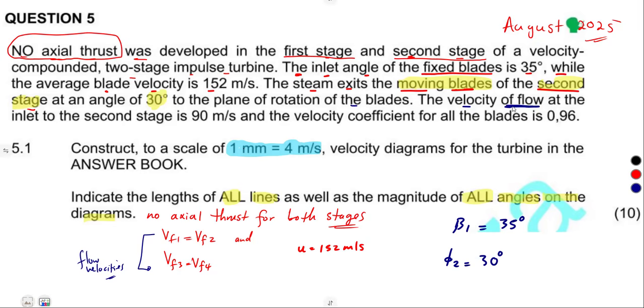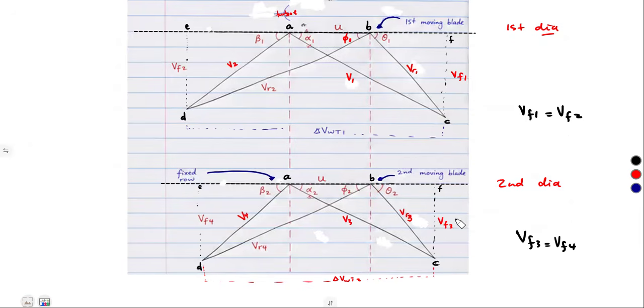And the flow velocity that we have been talking about here at the inlet to the second stage is 90 meters per second. This is the second stage at the inlet, VF3. But remember, VF3 and VF4 are equal where there is no axial thrust.